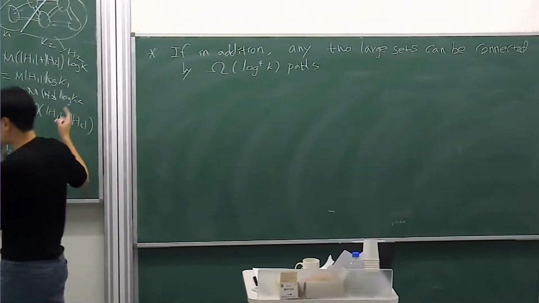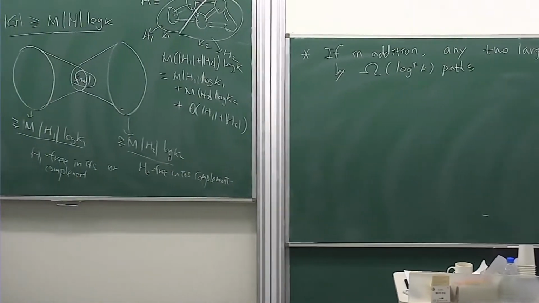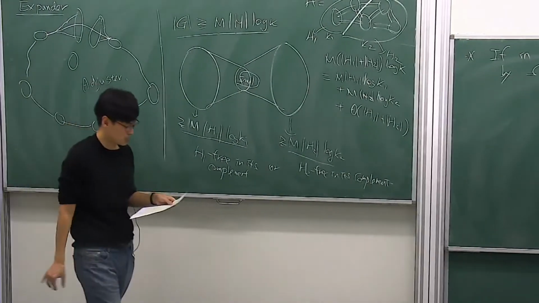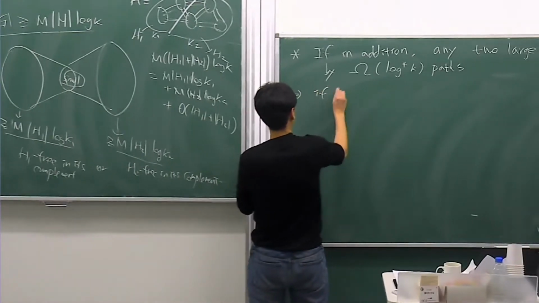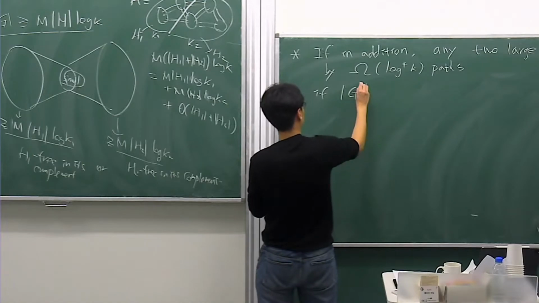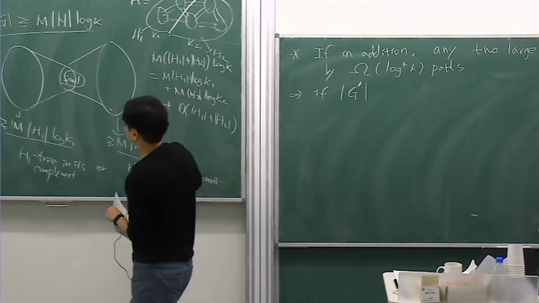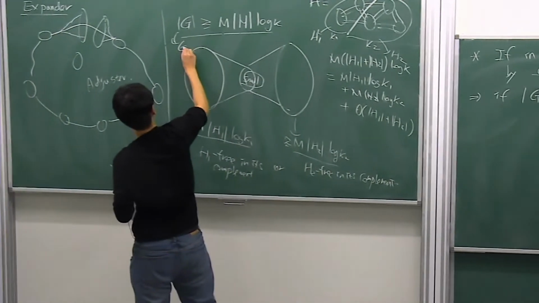So if we can assume one more thing, that any two large sets can be connected by many passes, then what we can prove is that, let's say G prime is the expander that we pass on to.